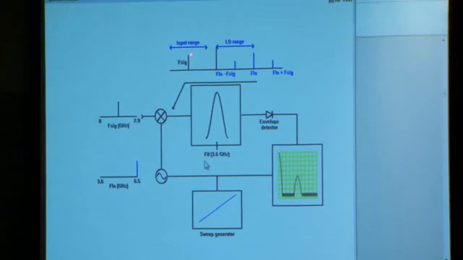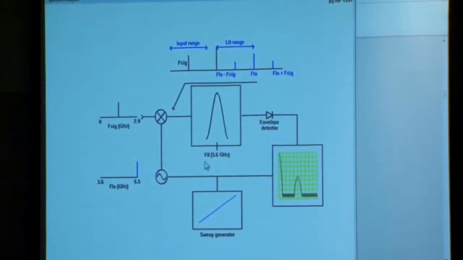We will have the signal that we care about, the LO signal, and then on a first order, a mixer will give you the LO plus the signal and the LO minus the signal, and that's what these two smaller tones are for. And I think it's this one that we actually process through this filter.